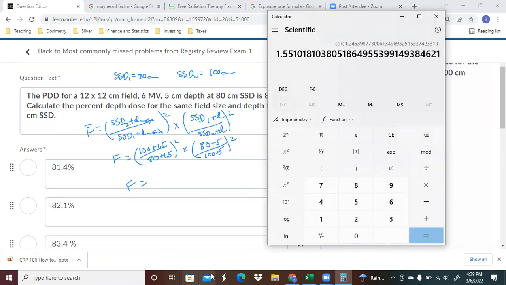So I'm going to write that down. Times 85 divided by 105 squared.